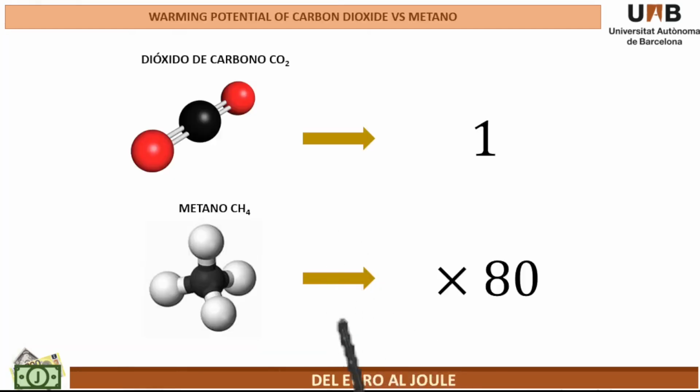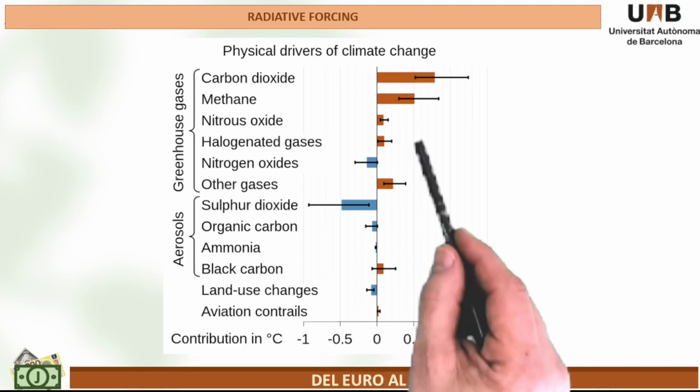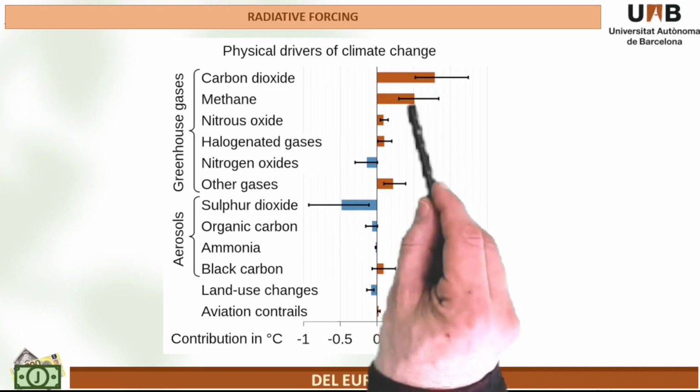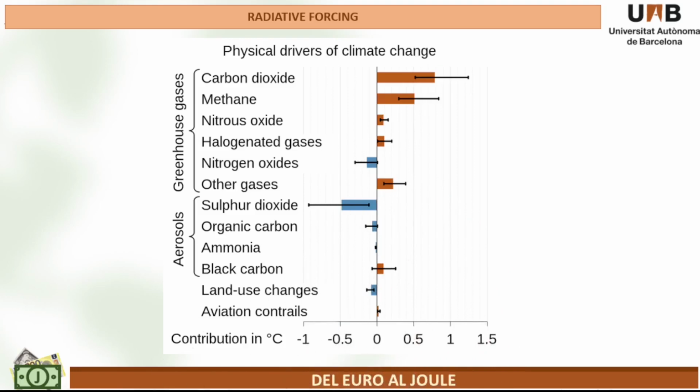So remember, methane has a very large warming potential, while CO2 has a very large persistence. So these molecules have a high effect because of their persistence, and this one has a high effect because of its warming potential. These two effects can give the different molecules different importance in the radiative forcing of the Earth.